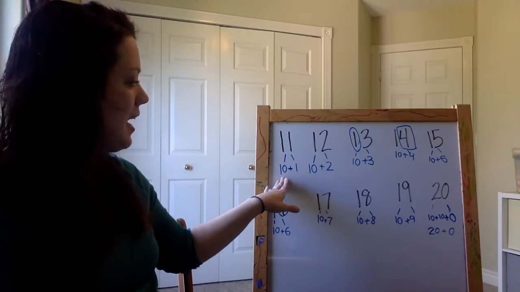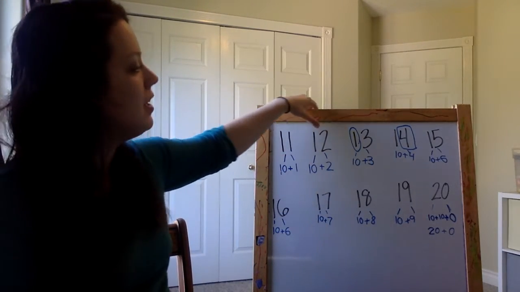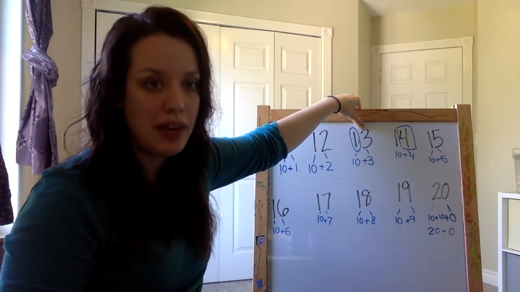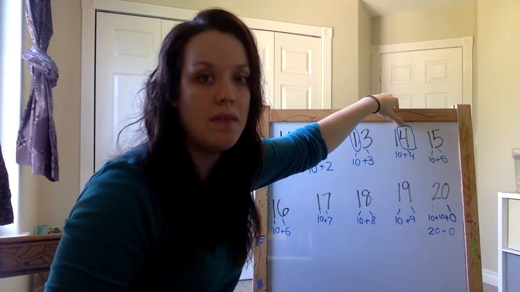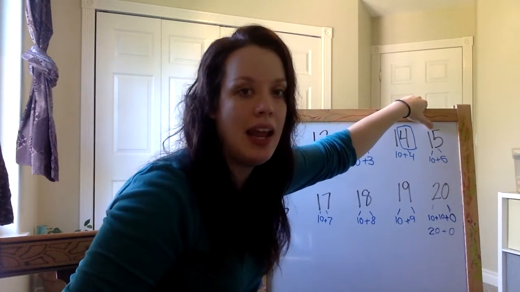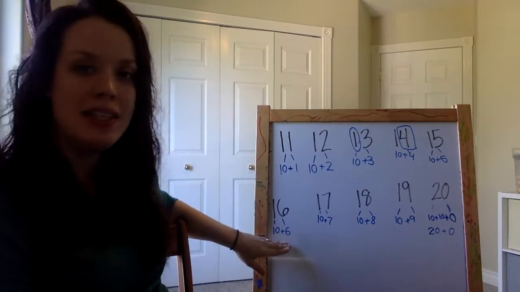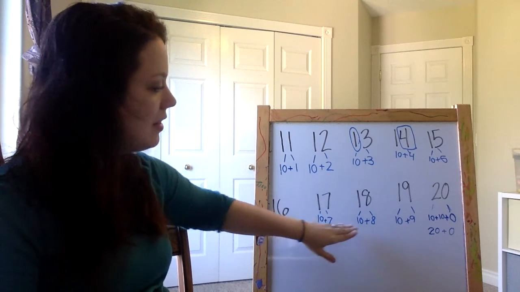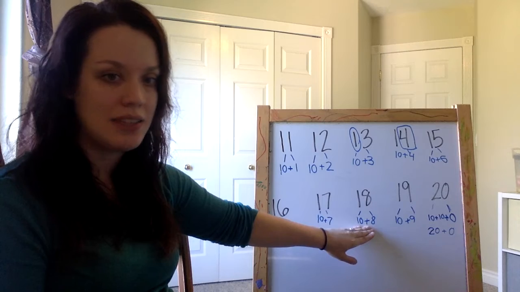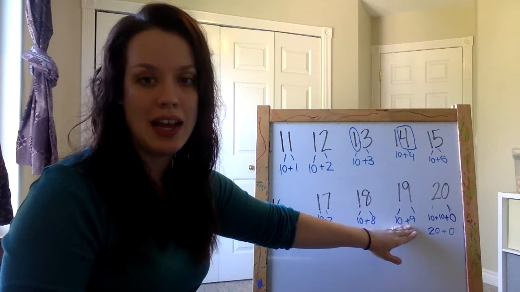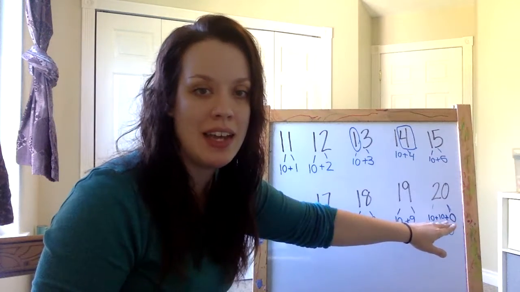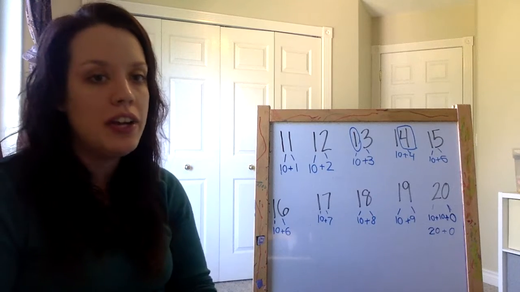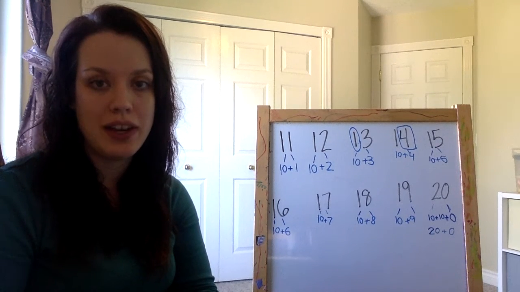Ready? 10 and 1, 10 and 2, 10 and 3, 10 and 4, 10 and 5, 10 and 6, 10 and 7, 10 and 8, 10 and 9, 10 and 10, and 0. Nice job.